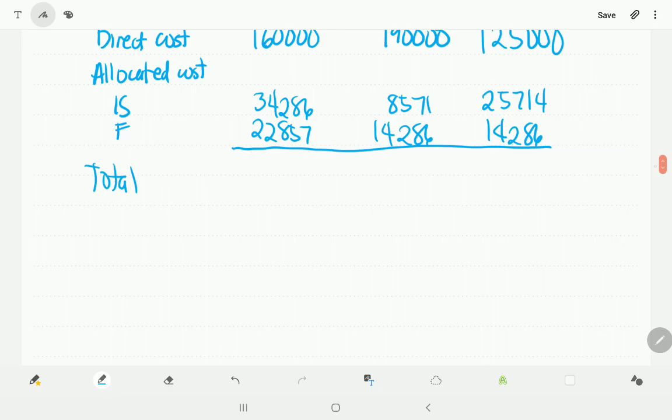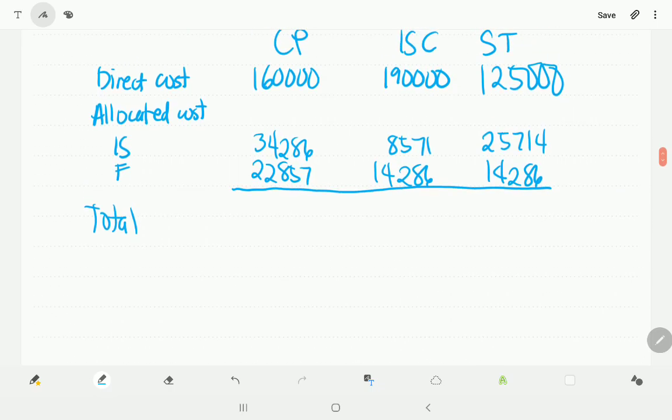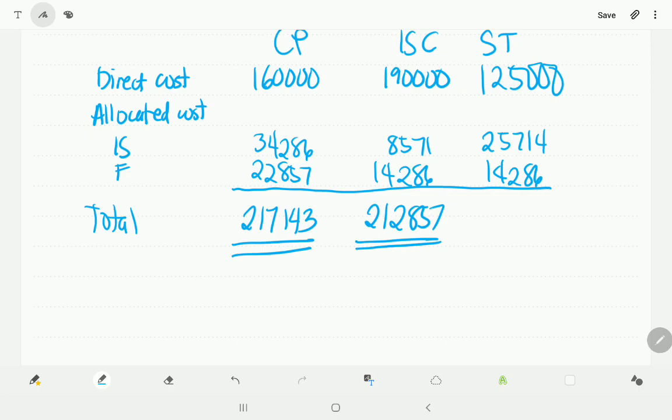So we compute the total, using the calculator on my cell phone so that it will be easier. For Computer Programming, 160,000 plus 34,286 plus 22,857 gives a total cost of 217,143. For Information Systems Consulting, we have 190,000 plus 8,571 plus 14,286, which gives 212,857.